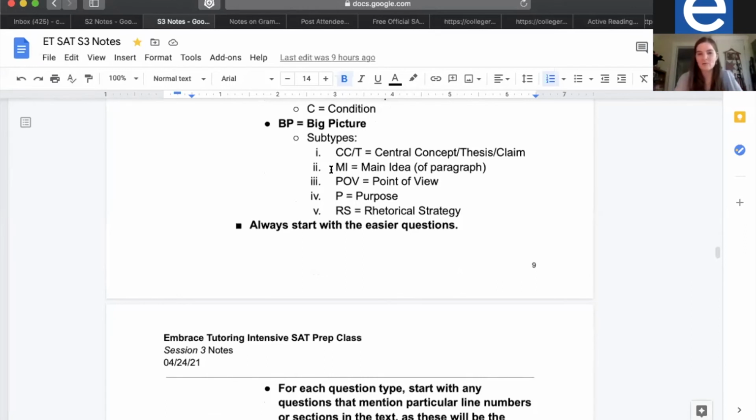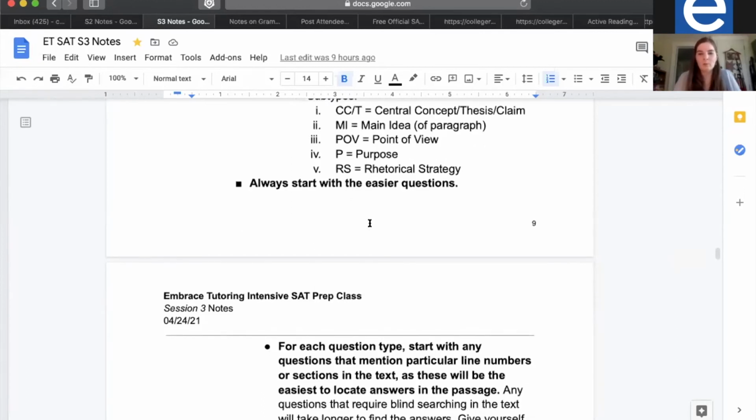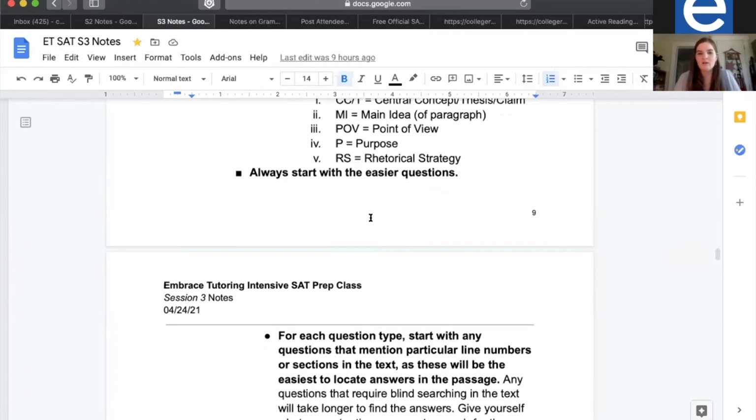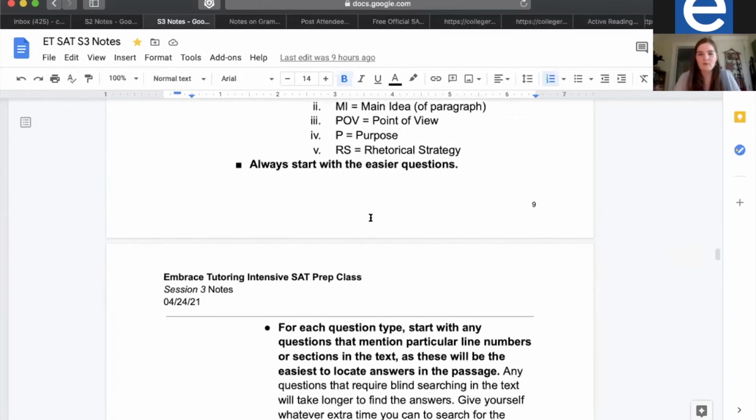To contrast that with MI for main idea, meaning main idea of a paragraph, whereas the main idea or central concept of a work as a whole is more of this first one, okay? Point of view is another one. Purpose and rhetorical strategy.